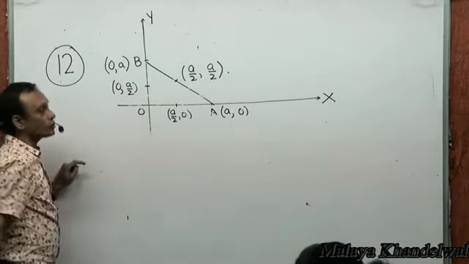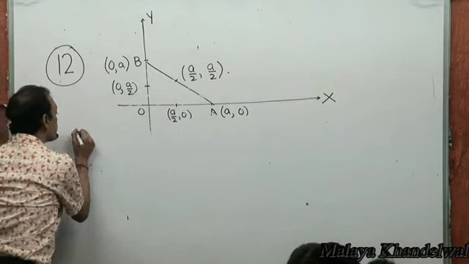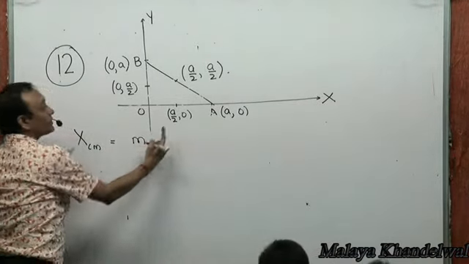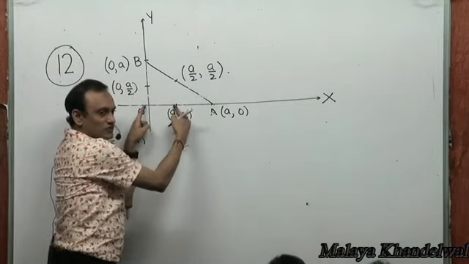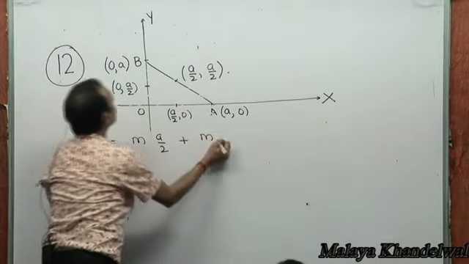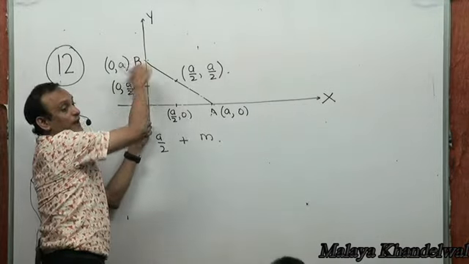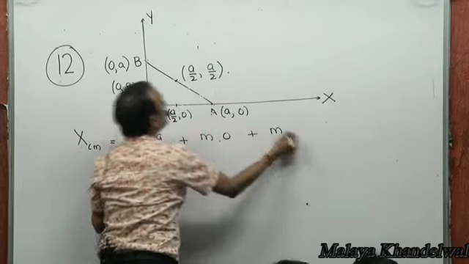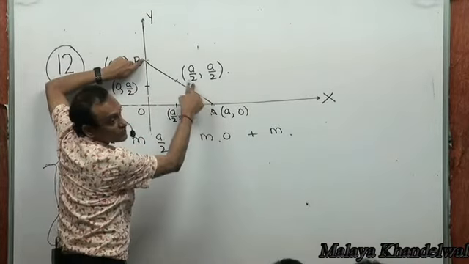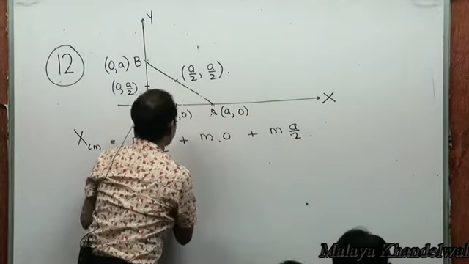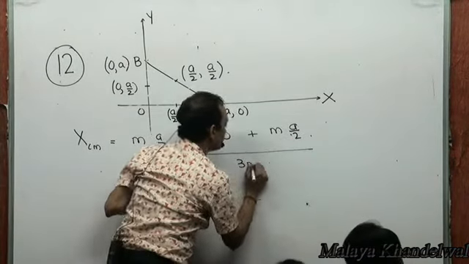Yes or no? So now, the x coordinate of the center of mass of the system is going to be mass into x coordinate of the center of mass of this, which is a by 2, plus mass into x coordinate of the center of mass of this, which is 0, plus m into x coordinate of the center of mass of this, which is a by 2, divided by 3m, total mass 3m, yes or no?